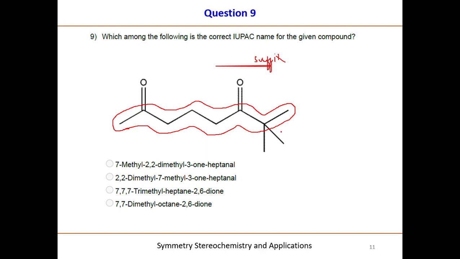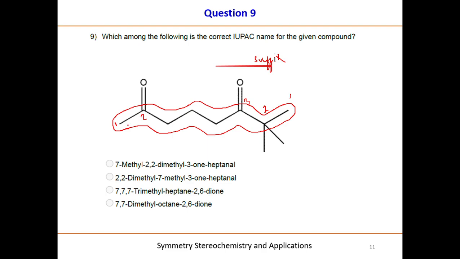Now start giving numbering. From which side will we give numbering? The side which has the highest priority functional group on the lowest carbon atom. From here it will be numbered 1, 2, 3, so this ketone group will come on the third carbon atom. But from here when we give numbering 1, 2, at carbon number 2 we have the ketone group.